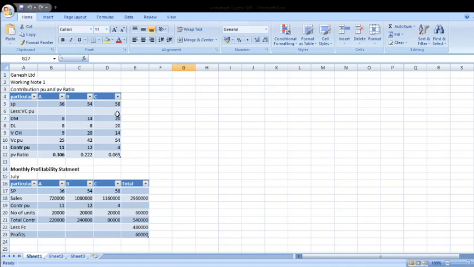Are you getting a contribution of 4 rupees and 0.069 as the PV ratio? Please keep in mind, for any case involving CVP analysis of marginal costing, the starting point will be calculation of contribution per unit. Sometimes you know it per unit.